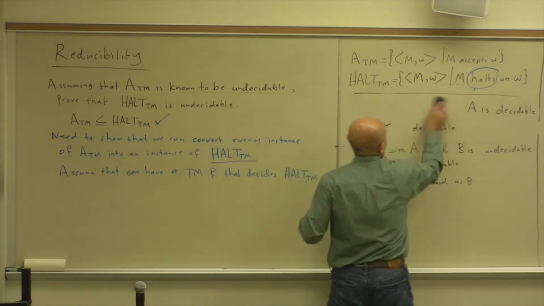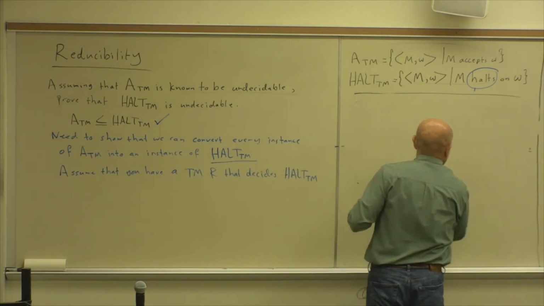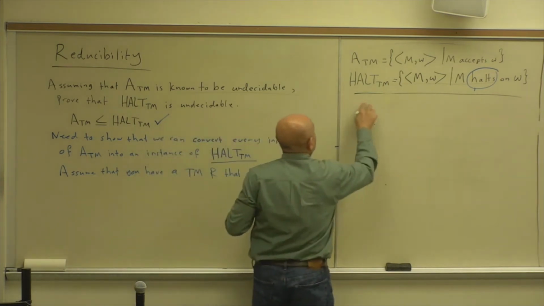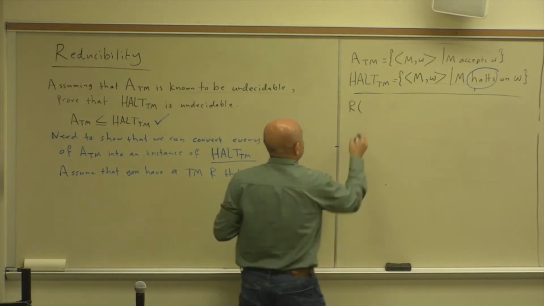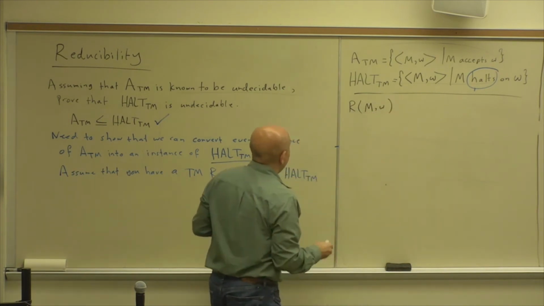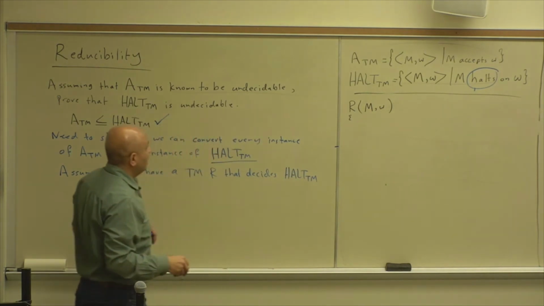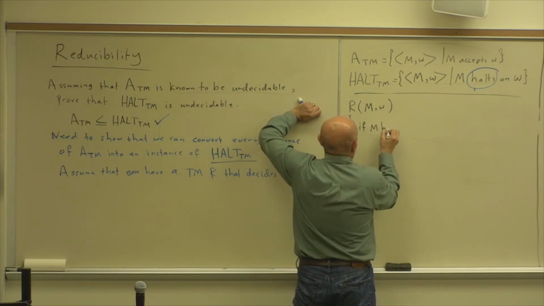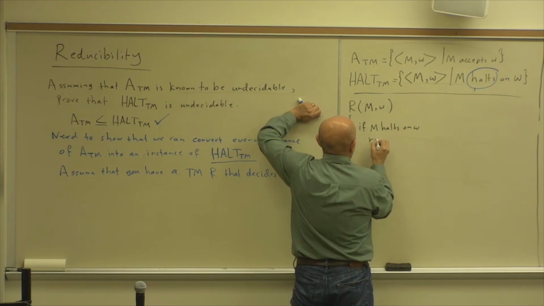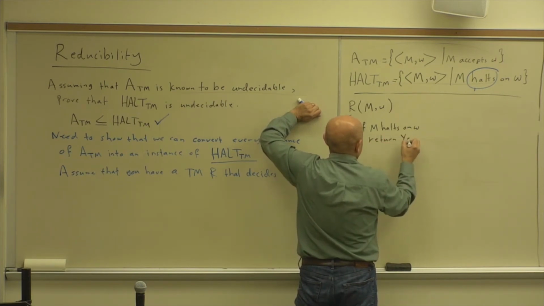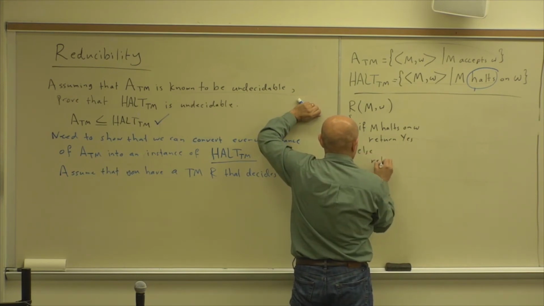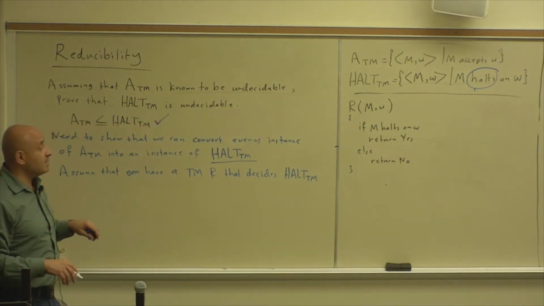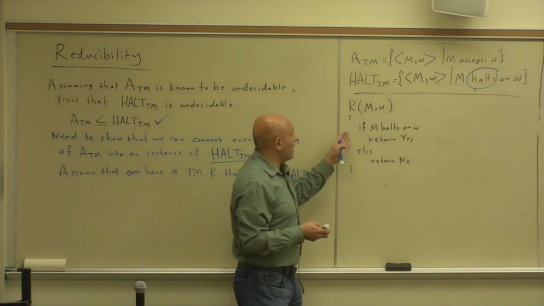So let's think of it in terms of programs. R is just a program that takes another program M and W, and it tells you, somehow with some magic, if M halts on W, return yes, else return no. Now I'm assuming that I have this magical algorithm that solves the halting problem.